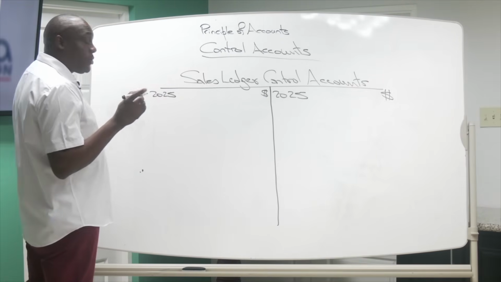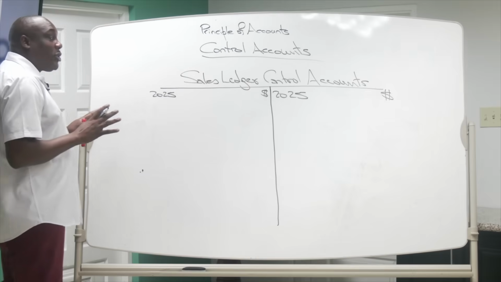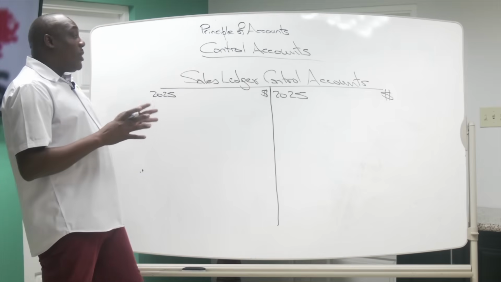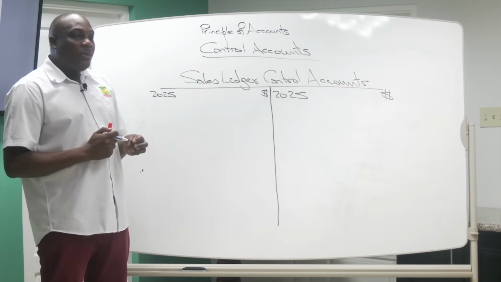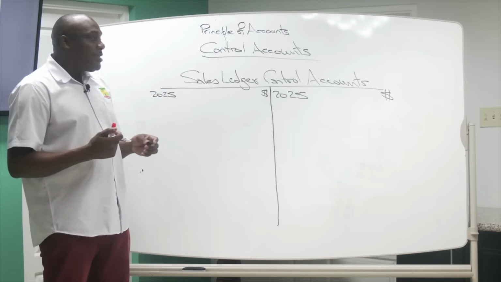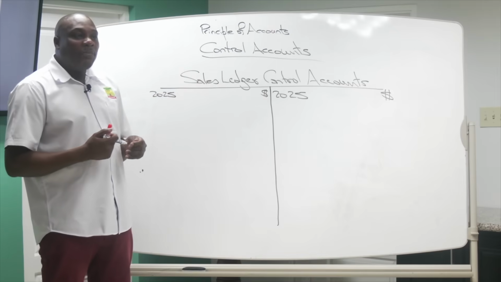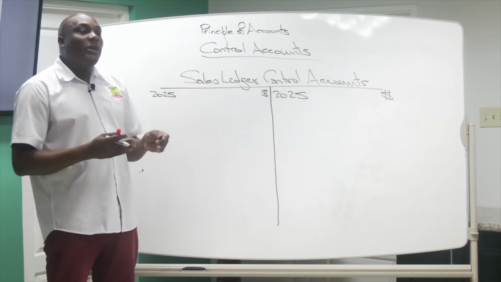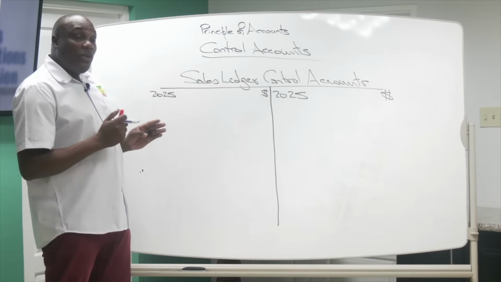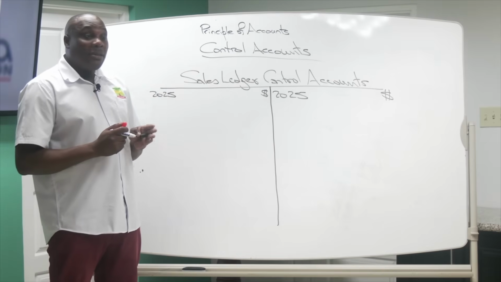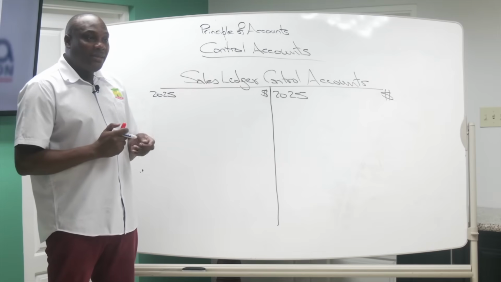Now, the first thing, students, is that with your sales ledger control account, we're going to record the opening balances. Now, again, student, you can start off a period with somebody owing the business. You get that? Now, again, we know that debtor is an asset.